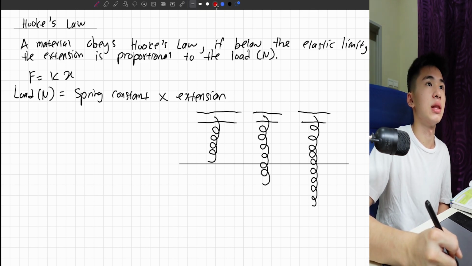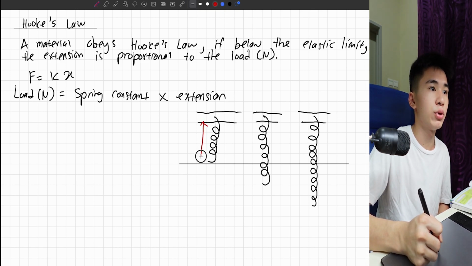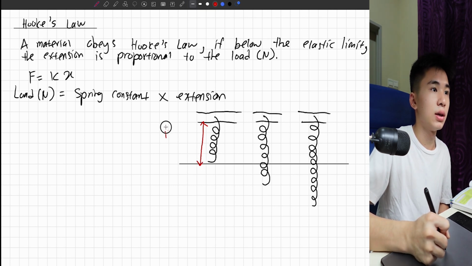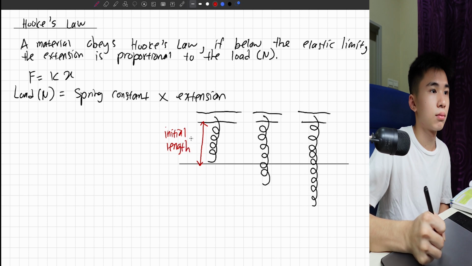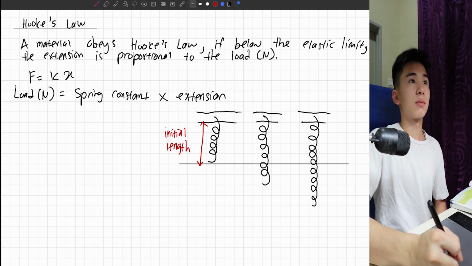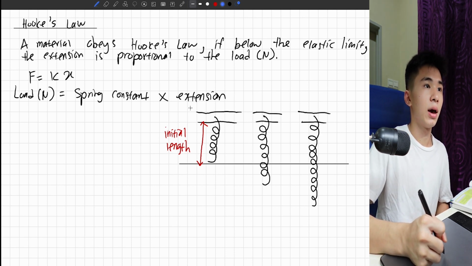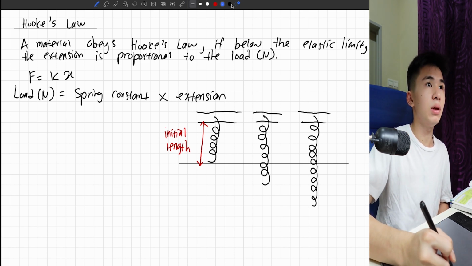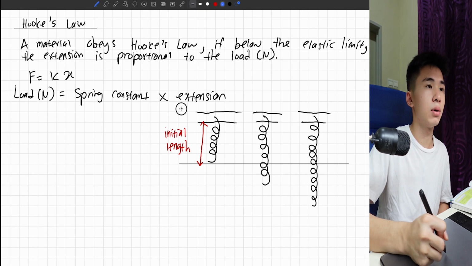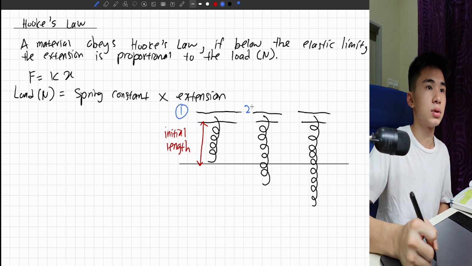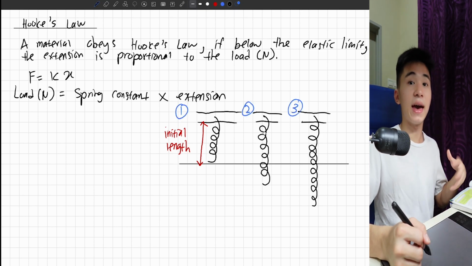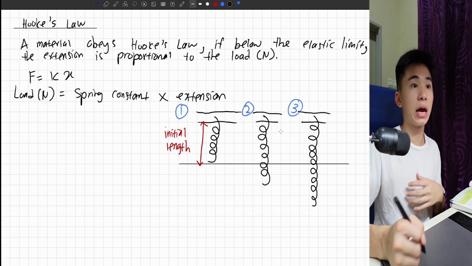So this is the initial length of the spring, okay? Initial length. Okay, and again you will notice, let me label the numbers, and again there is extension in the second diagram right here.